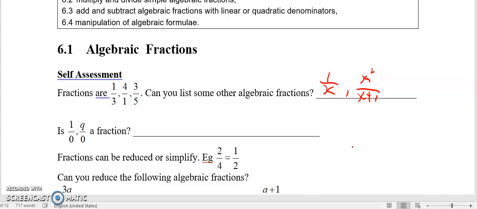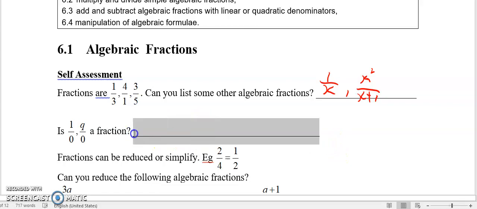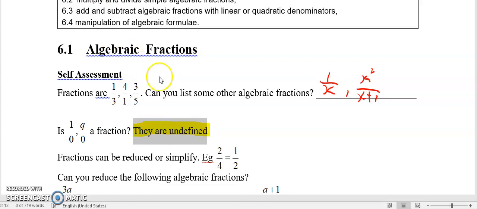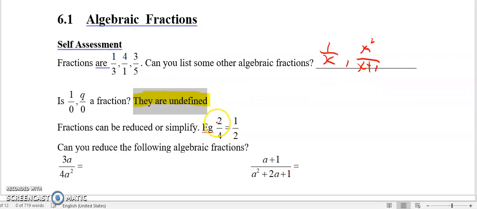In actual fact, any fraction with a denominator of 0, we consider it as undefined. They are undefined. Any fraction with a denominator of 0 is considered undefined.